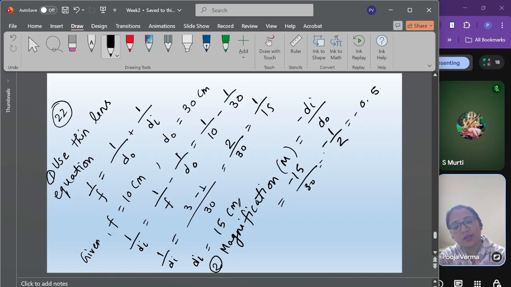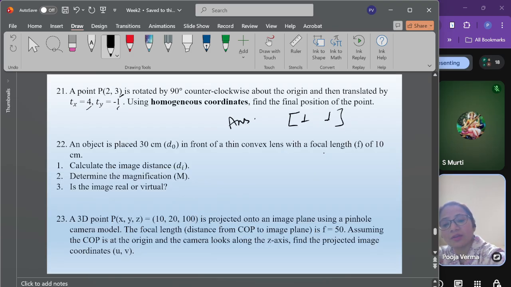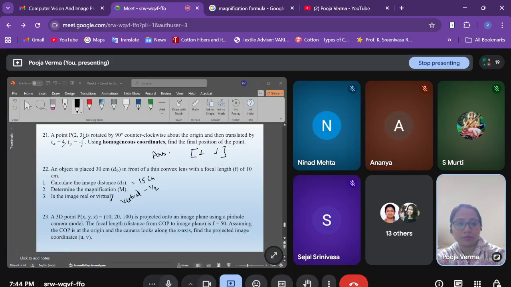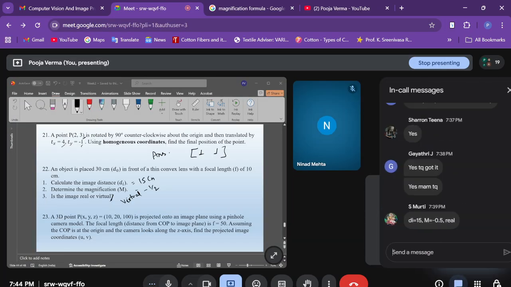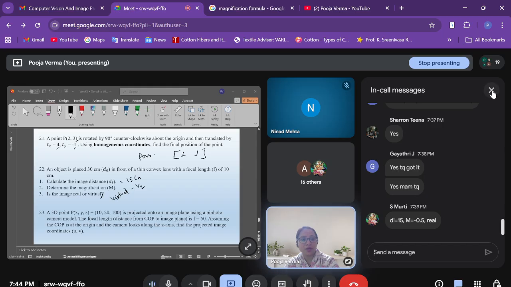For calculating magnification we are taking the minus sign, but otherwise we have got di as 15 centimeter, that is positive. So di we have got 15 centimeter and M is minus 1 by 2, and it is a virtual image. Is it fine?